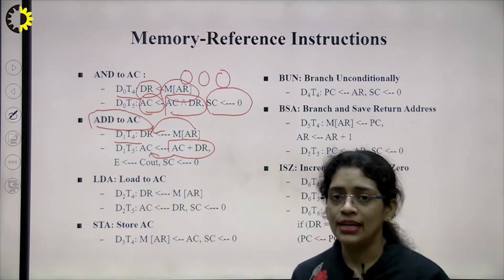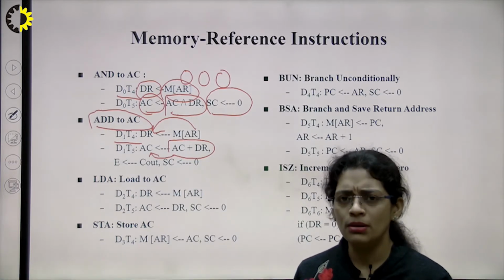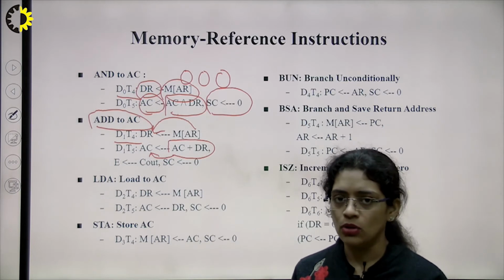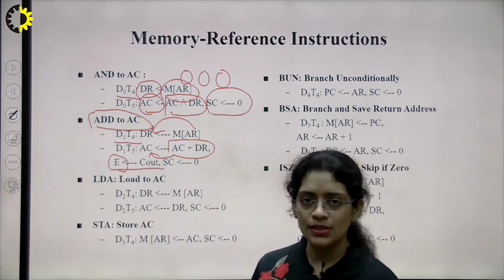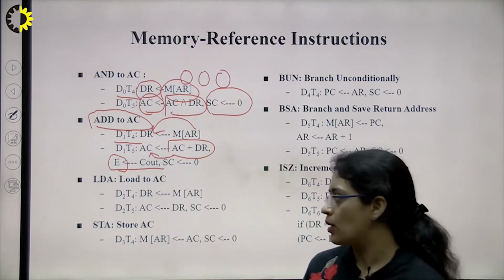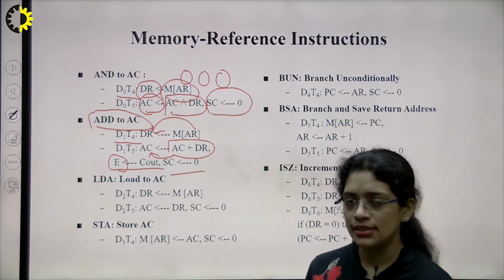As we are doing the add operation, we might have a carry out. The carry out is stored in E. This is what we discussed in the previous slide, that E is just to store the carry out. And lastly, the sequence counter is cleared to 0.